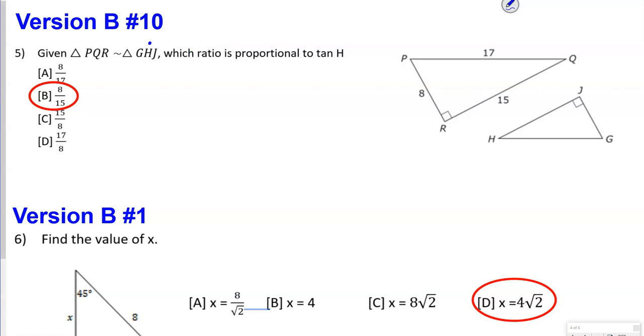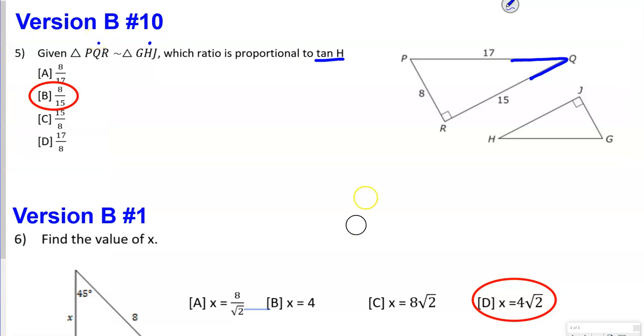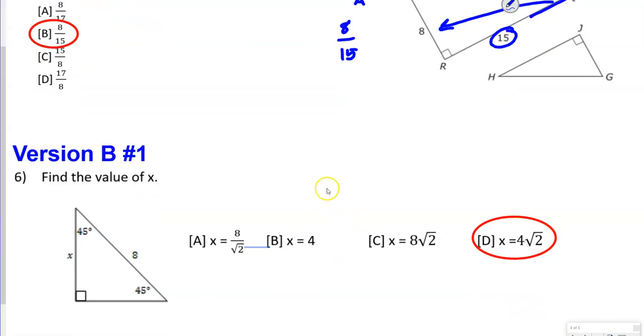I know that H corresponds to Q, right? So I'm going to look at angle Q over here. And what does tangent mean? Tangent means opposite over adjacent, right? So what is the side that's opposite? That would be 8. And what is the side that's adjacent? That would be 15. So that's why the ratio is 8 over 15.